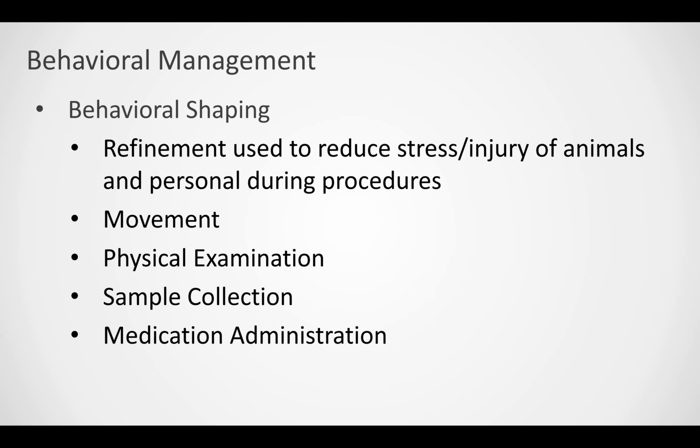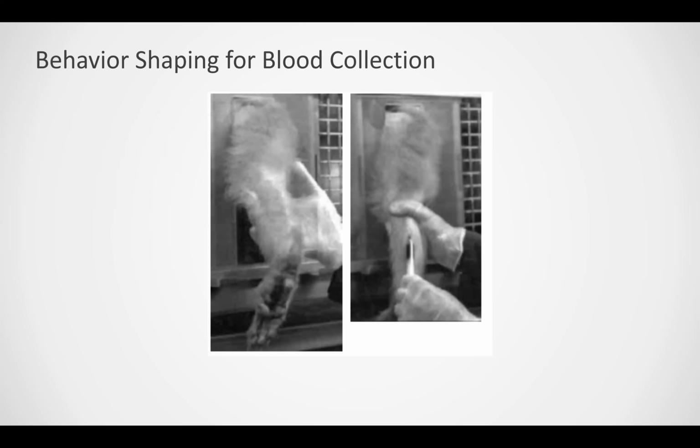So this does take some training to be able to do this, but it is worth the time because, again, the animal feels much more secure. And you're also reducing the risk of injury to personnel. So this is just an example. I'm sorry the pictures aren't as good as they could be, but this is an animal who's presented their leg for a saphenous vein blood draw and is perfectly happy doing that.